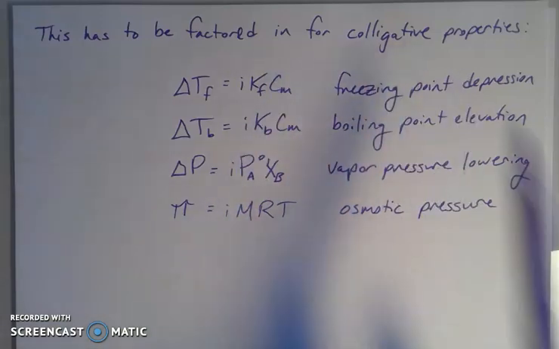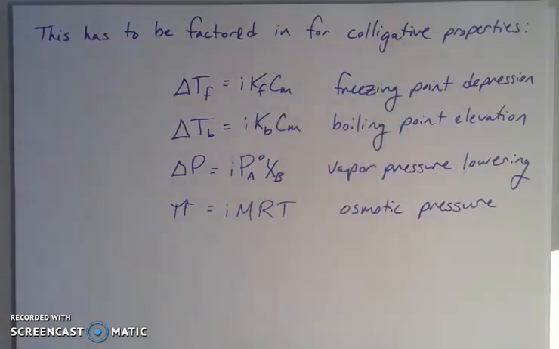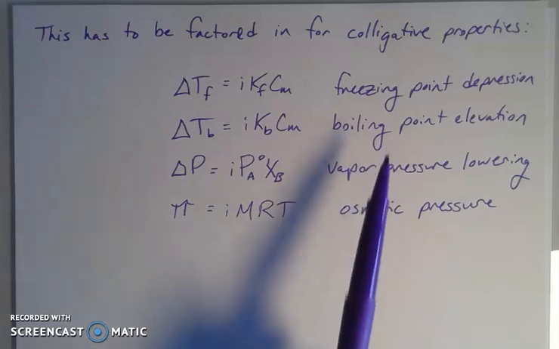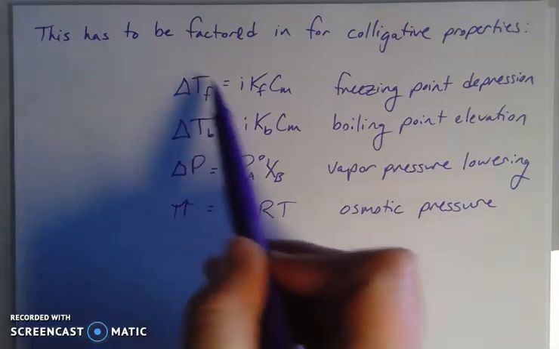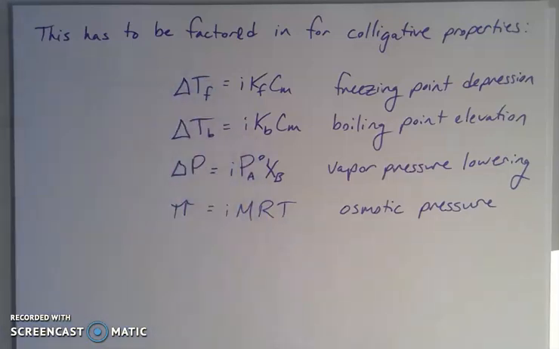So we have to factor this in for colligative properties, and I've listed off the main ones. You'll find specific videos about each one. For freezing point depression, which is when an increase of a solute lowers the freezing point, we just add it as a multiplier. Whatever the van't Hoff factor is, times the freezing point depression constant, times the molal concentration, will give me how much the freezing point is going to go down.